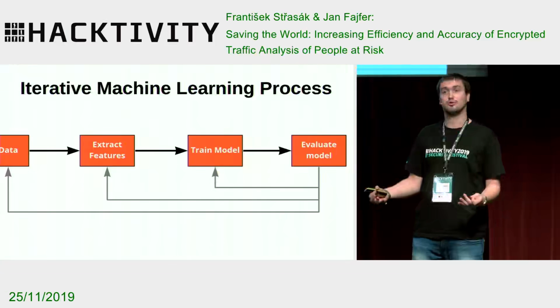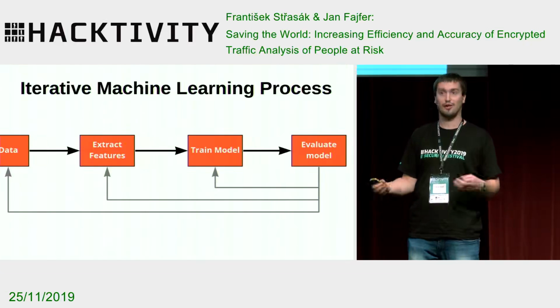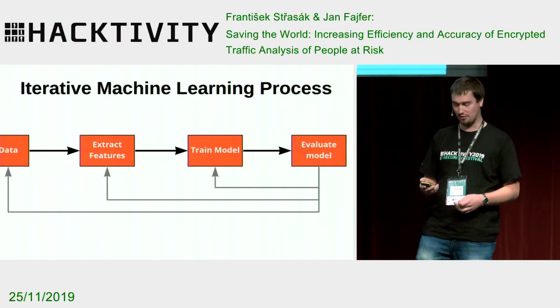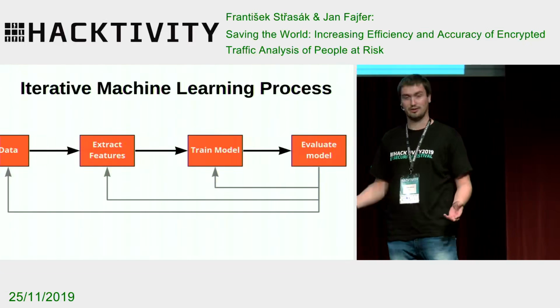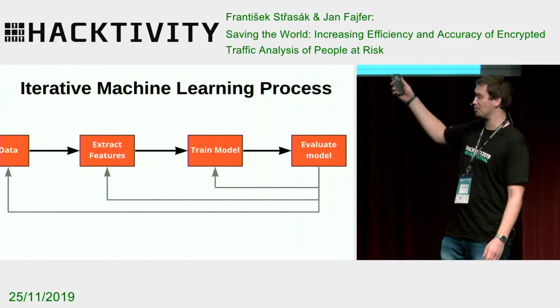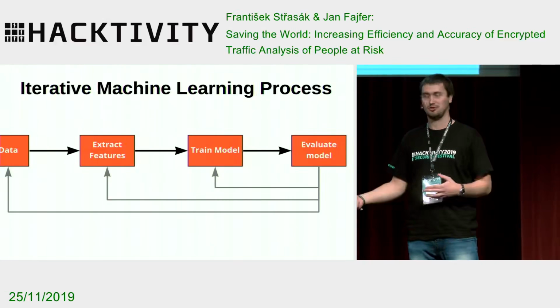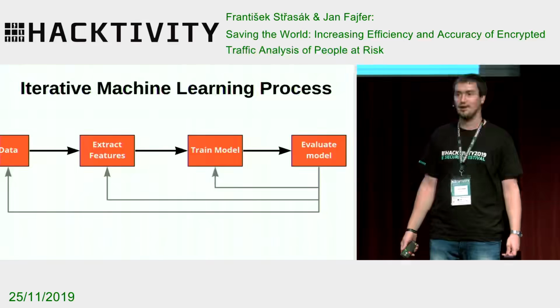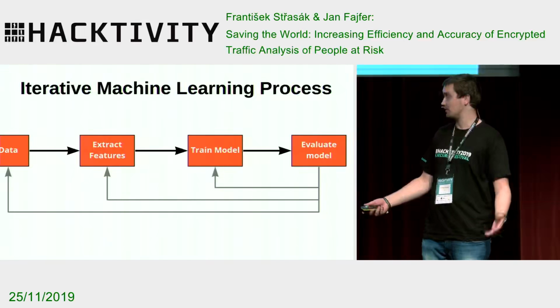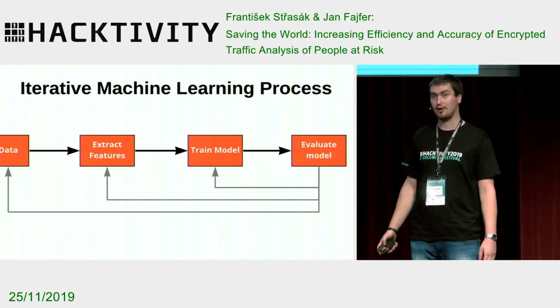It means choose the right high-level features for your algorithm, and also choose the right machine learning algorithm, and then evaluate it. If you are not happy with the results, you can start from the beginning. It means put more data there, or choose another interpretation of your samples, or choose other hyperparameters for the machine learning algorithm.